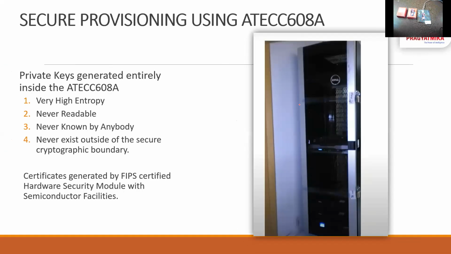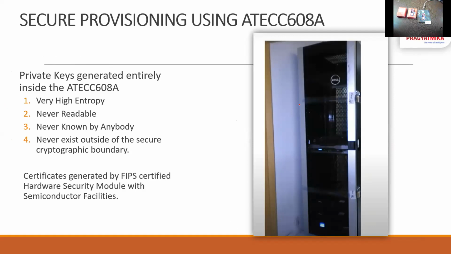this device. So each private key that is generated for the device goes securely inside this ATECC608A, and it is not known to anybody because it is not accessible at all. And whatever certificates you generate for the communication, the root certificate.